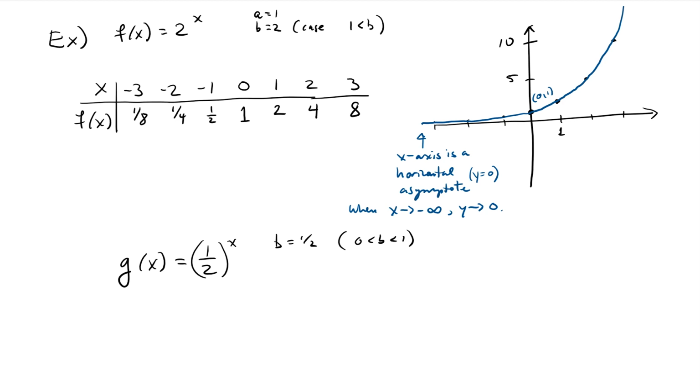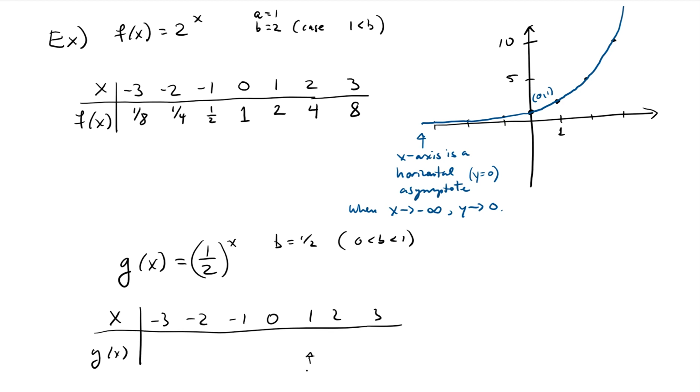Okay, and then we can start creating a little table again, with values of x and values of g. Now, over here, this is 1/2 to the power 1, so this is 1/2. Over here, this is 1/2 to the 2, so this is 1/4, okay? And so on.